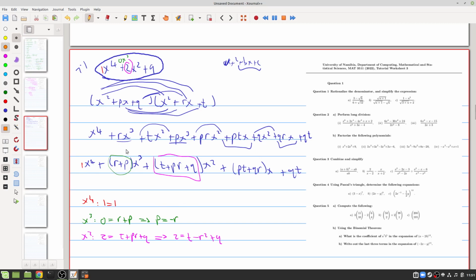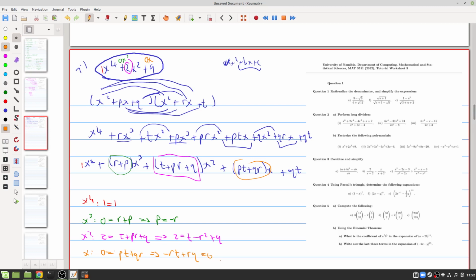Then let's do the x to the power 1s, so the x's. So here we've got 0x, so 0 equals pt plus qr. And again, we know that p is negative r, so we can substitute that to be negative rt plus rq equals 0.